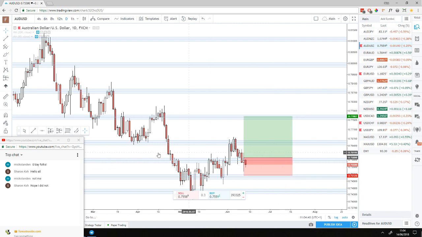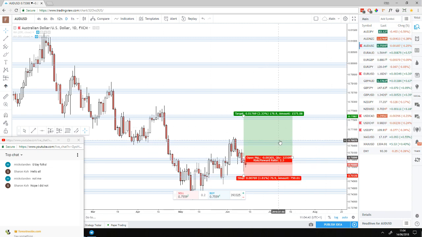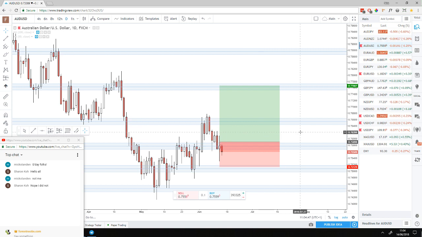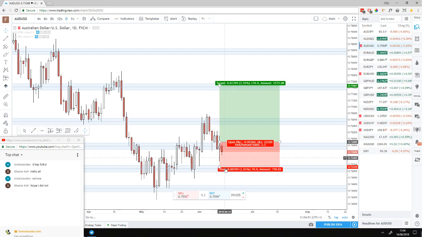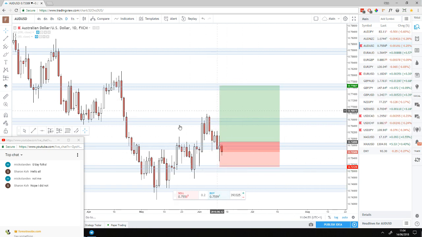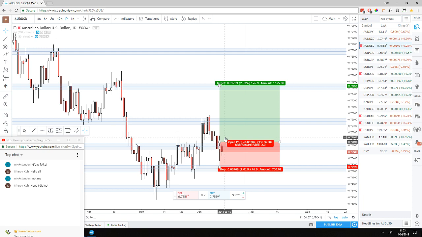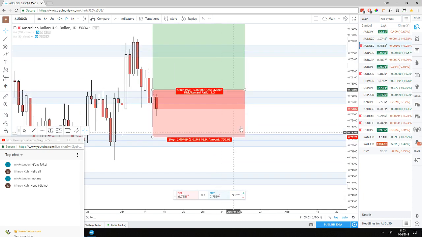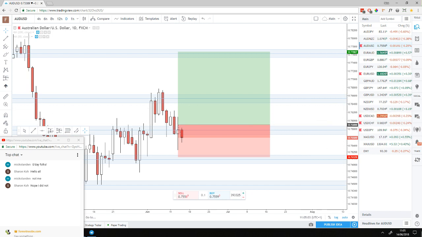AUD USD. I got in short on this one. Yes, sorry, not short. I meant to say long on this one. Yesterday, I had quite a wide stop loss, so I didn't get stopped out by that crazy spike. It just went bam, spiked down, then spiked up, and did all kinds of crazy stuff with the FOMC. To be honest, I was expecting it to rise a lot quicker post FOMC.